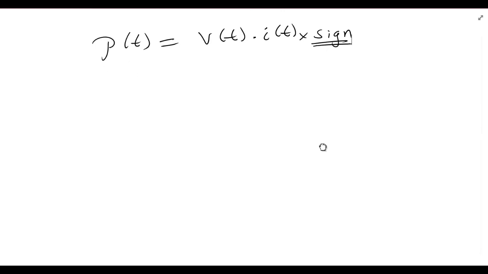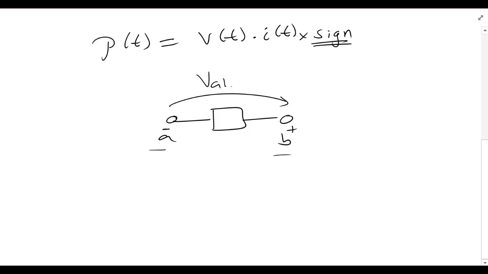I once again begin by drawing my generic circuit element. Right now I'm going to put a negative here and a positive here. Remember, that means that A is the low energy terminal and B is the high energy terminal. There's a voltage VAB developed here. Now let us say that current I of t is entering this way, and I of t is greater than 0.